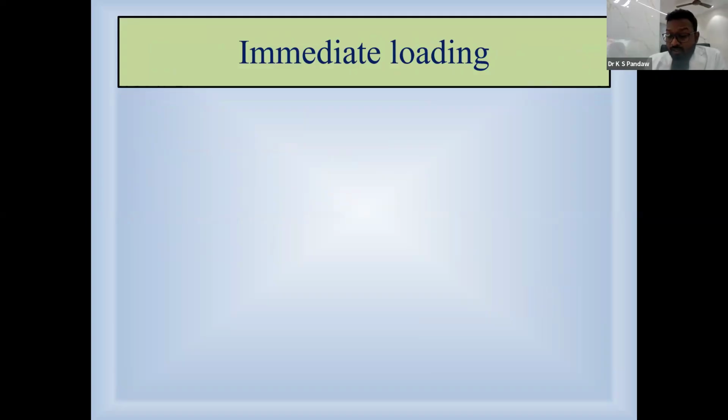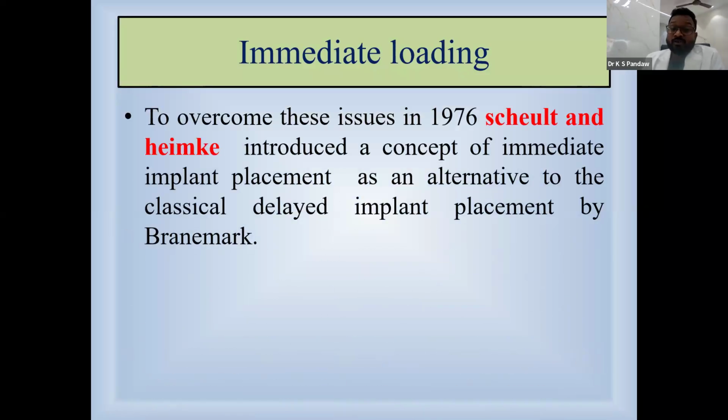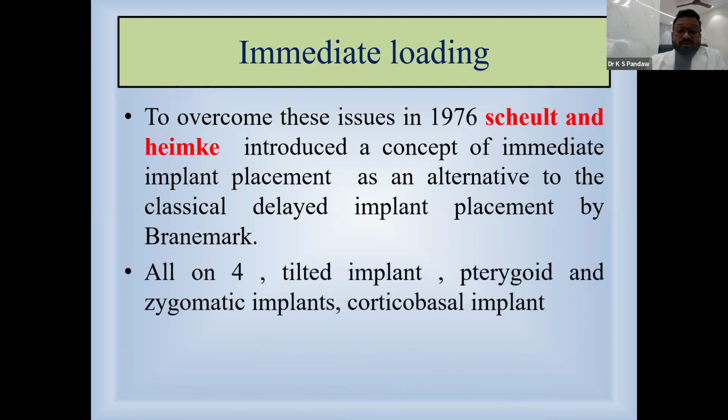So now in the new era, we are shifting to immediate loading. To overcome this issue, in 1976, Schulte and Heimke introduced the concept of immediate implant placement as an alternative to the classical delayed implant placement by Brånemark. So it is not a new concept.